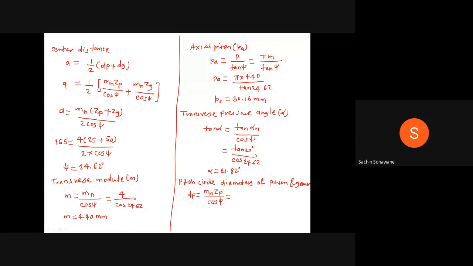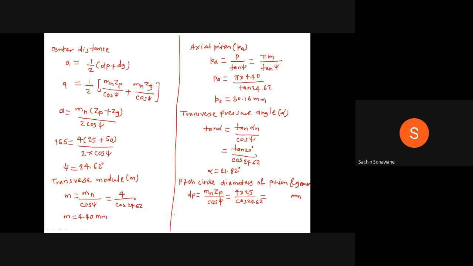Therefore, substitute the values. 4 into 25 upon cos of 24.62. Calculate the value of the pitch circle diameter of pinion in mm.